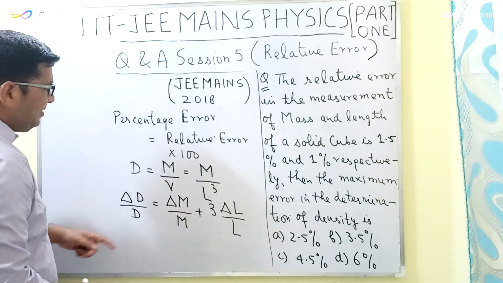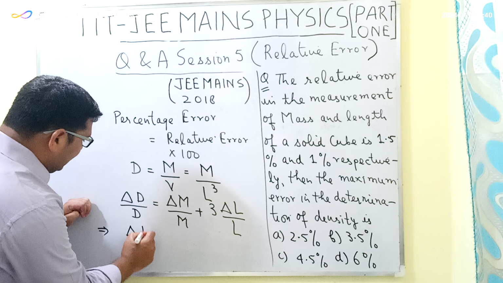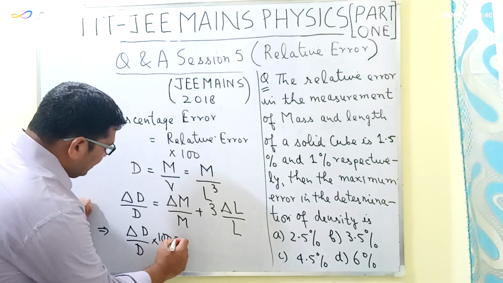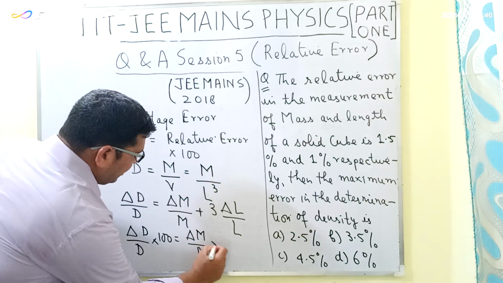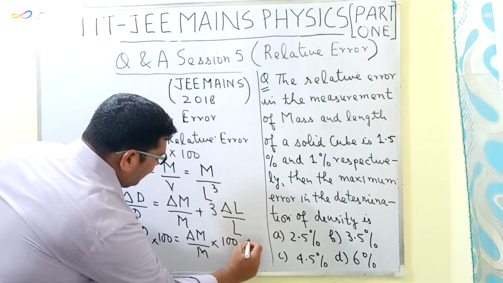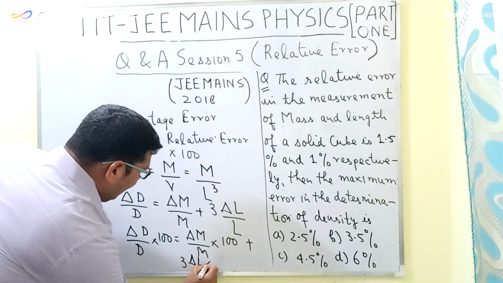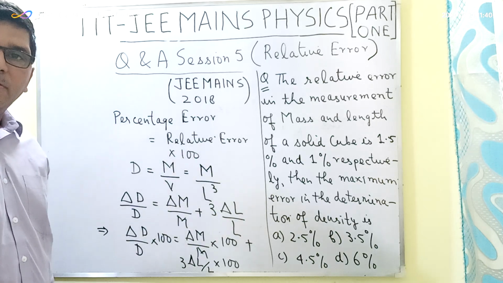So if I multiply this equation on both sides by 100, what I will get? I will get delta D upon D into 100. This will be equal to delta M upon M into 100 plus 3 times delta L upon L into 100. Okay?